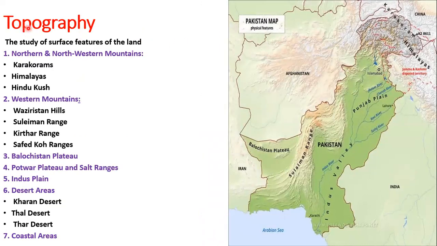What is the meaning of topography? The study of the surface features of the land is called topographical features, or physiography.